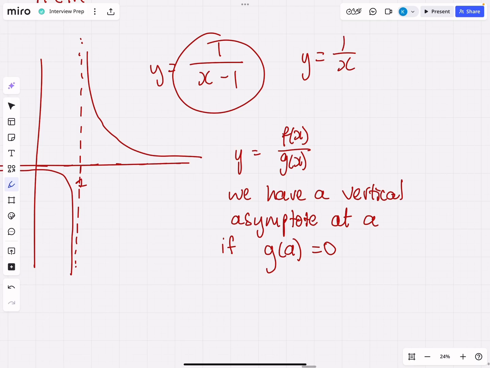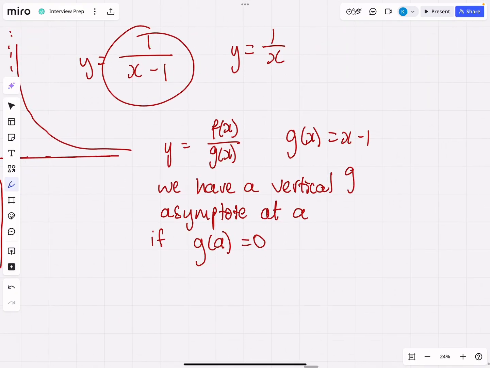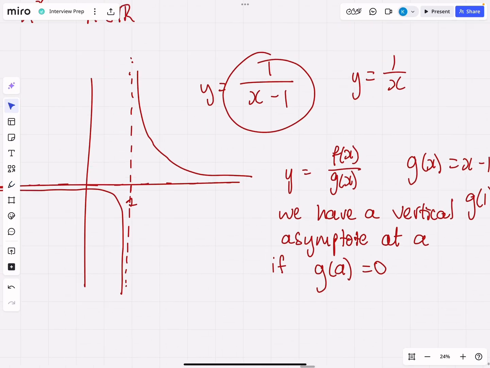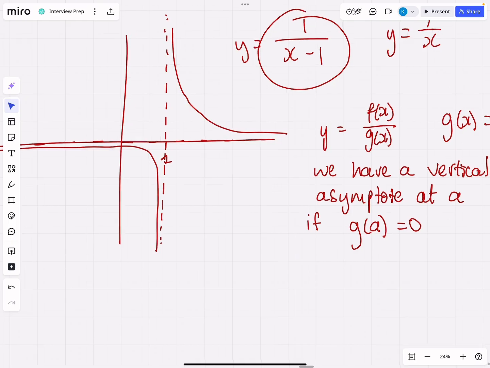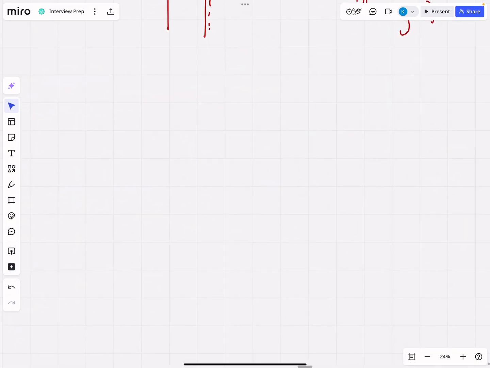Right? So in our case, g of x is equal to x minus 1. So we have an asymptote at x equals 1 because g of 1 equals 0. Right? And that makes sense. And then we'll get onto oblique asymptotes later on. So now we're going to talk about behavior near asymptotes.